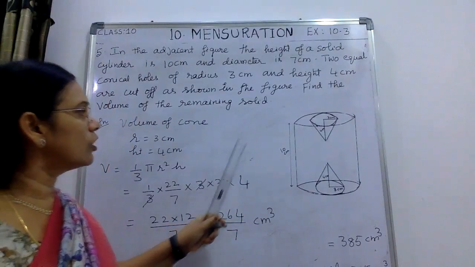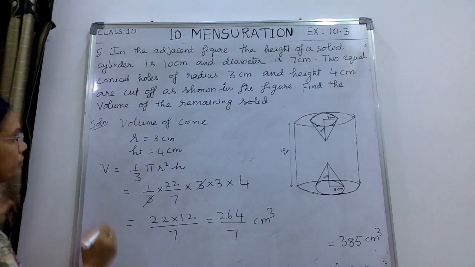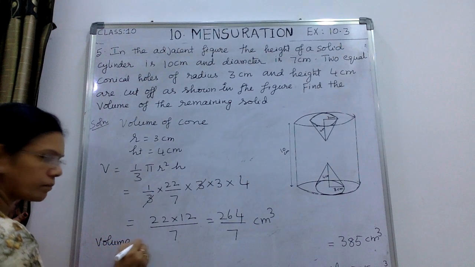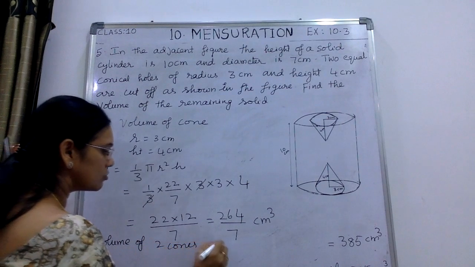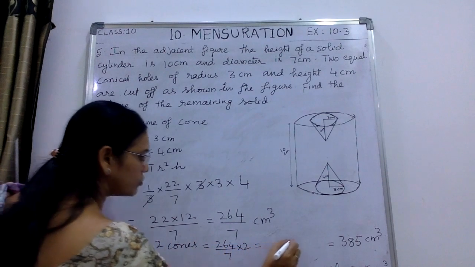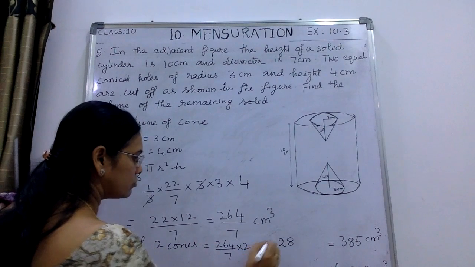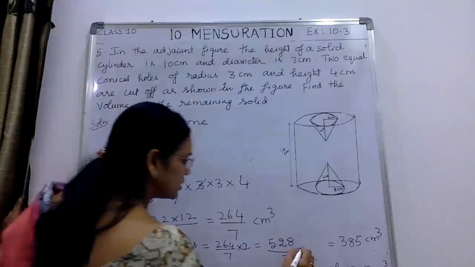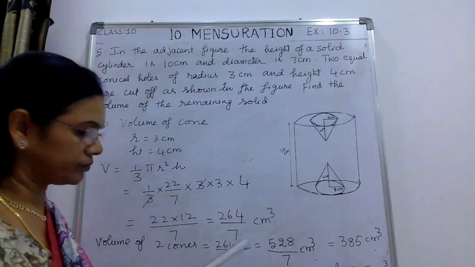So to find out the volume of the two conical holes, let us multiply with 2. Volume of two cones is equal to 264 by 7 into 2. 2 4s are 8, 2 6s are 12, 2 2s are 4 plus 1, 528 by 7 centimeter cube. This is the volume of the two cones.